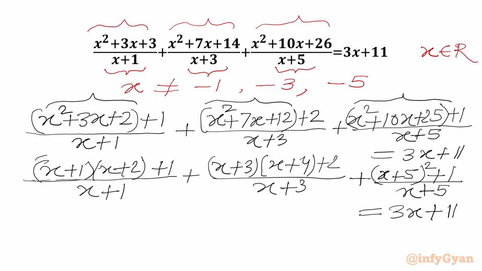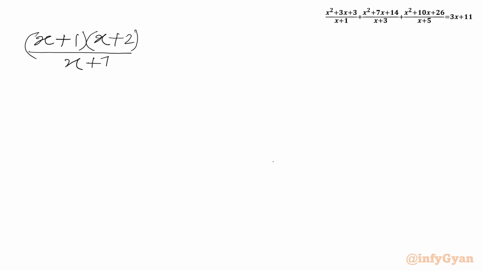Now we are going to split our numerators with respect to denominators. So we can write our equation: x plus 1 times x plus 2 over x plus 1, plus 1 over x plus 1. This is our first term.